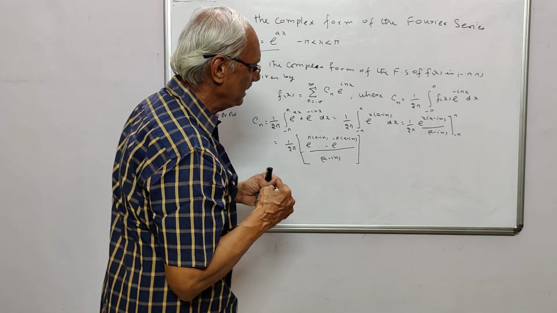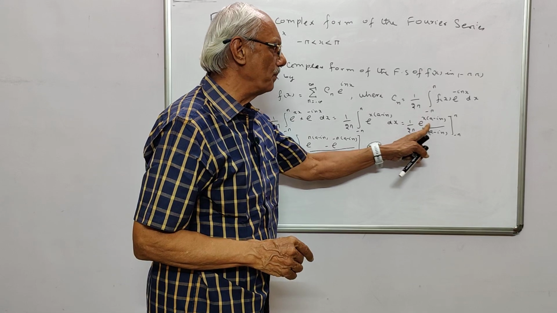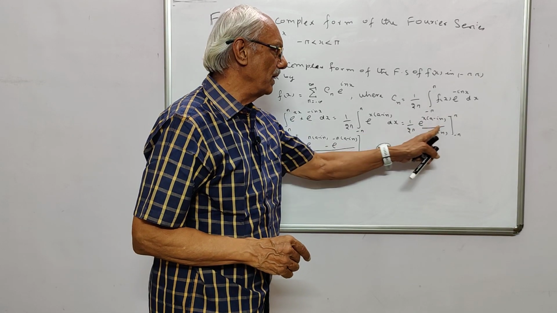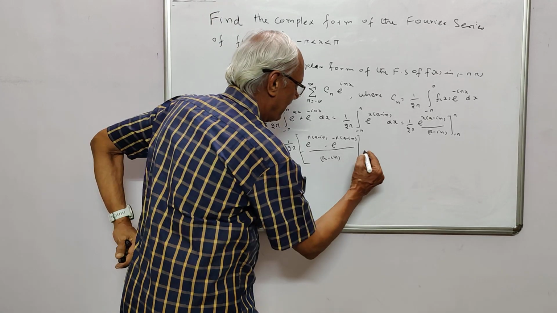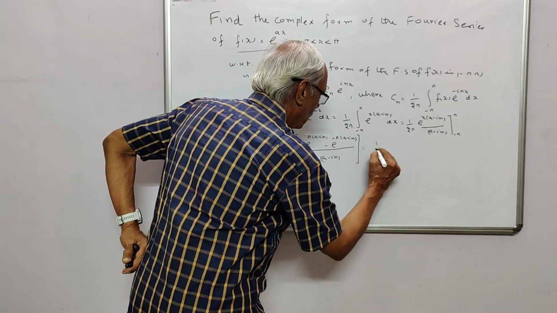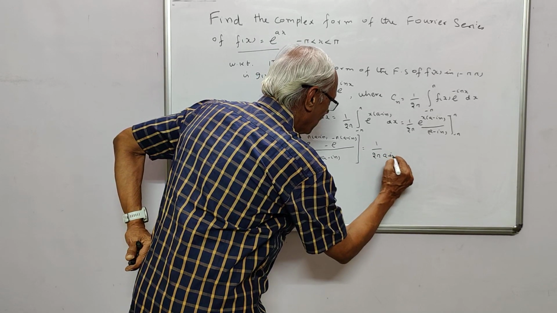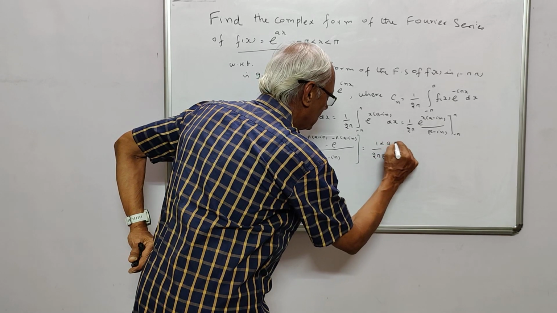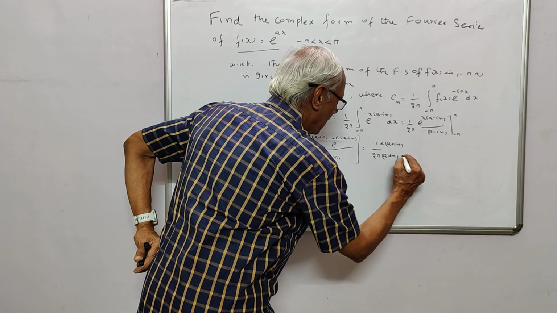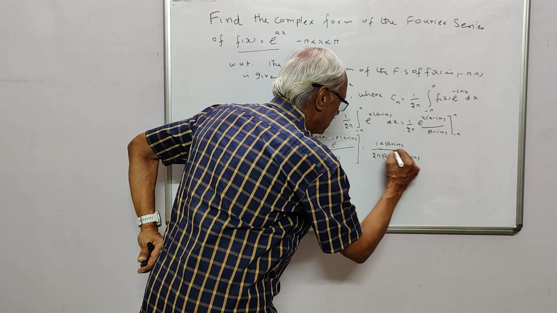So what is it that I have done here? I have substituted the first limit, plus pi, the upper limit pi, and then the lower limit. Then you see that this can be written as 1 by 2 pi times (a minus in), multiplied by its conjugate (a plus in), and divided also by its conjugate.